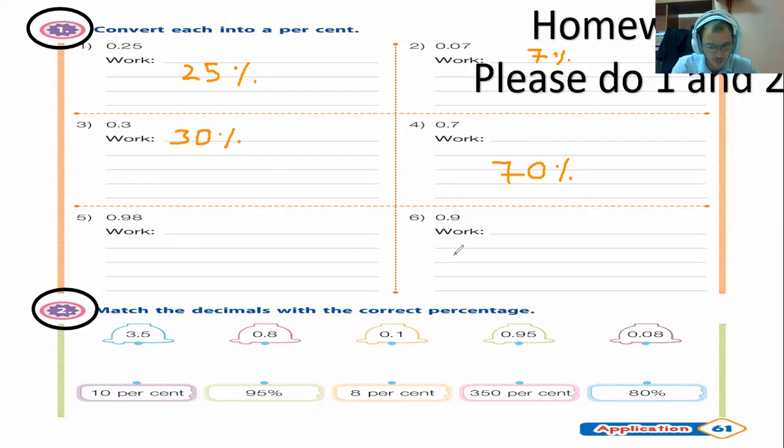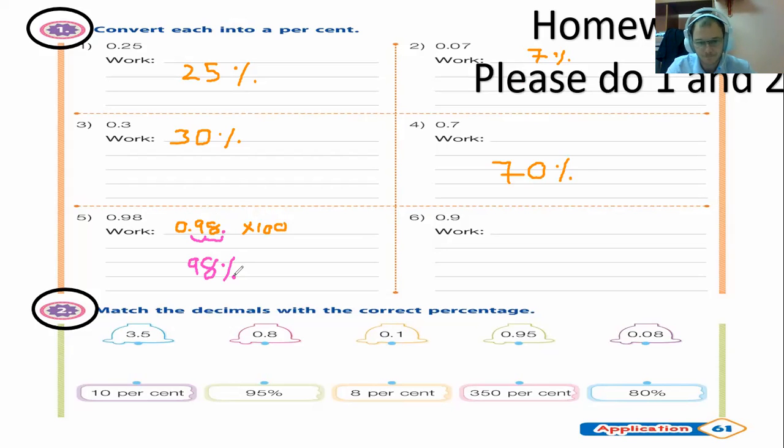Okay, so let's quickly do the last two here. So here we have 0.98 multiplied by 100. First we have to move the decimal point, 1, 2. The decimal point moves to the end. Now we don't have to rewrite the decimal point, but we can just write 98%.